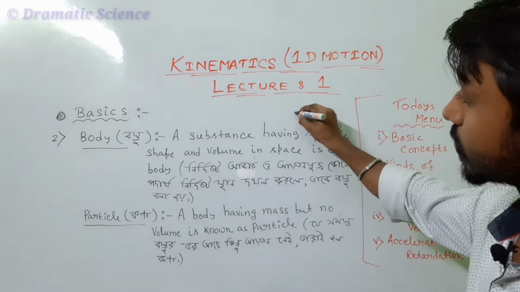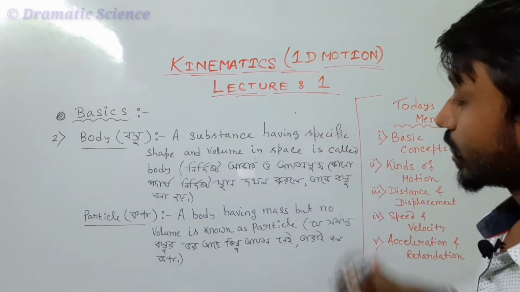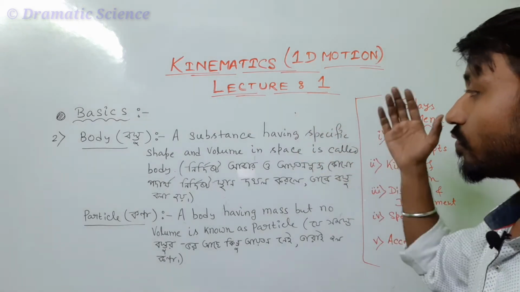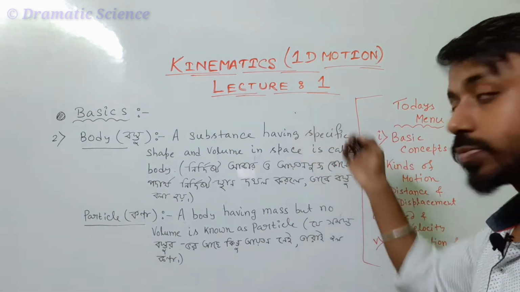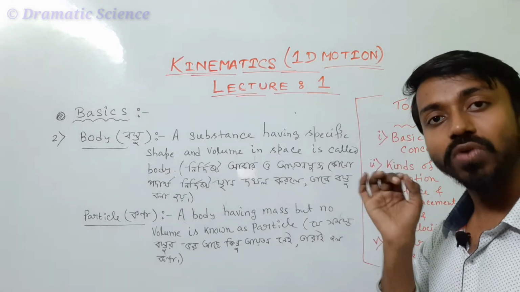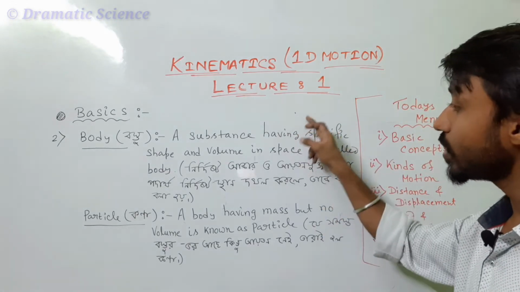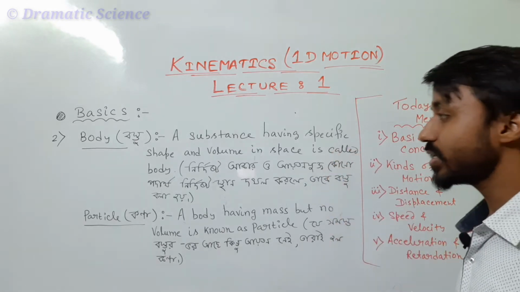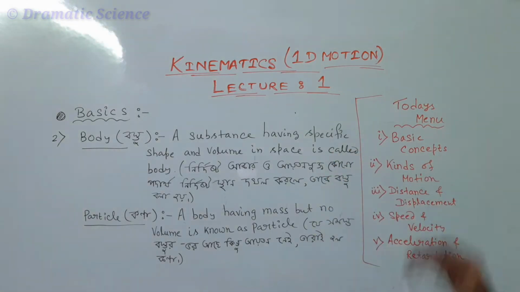Like this, if we put a point over here, this point has no volume, but if this point has some amount of mass, then this point will be considered as a particle, right? So two basic simple definitions. Kindly note this down in your copy.